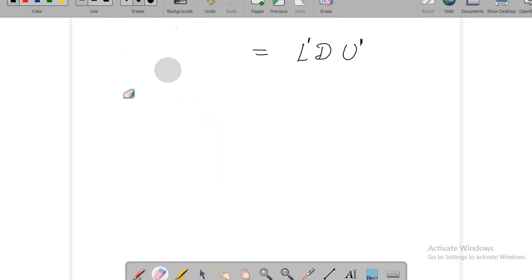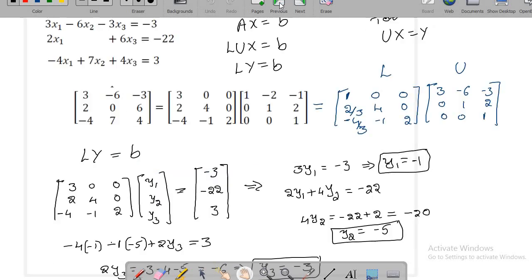So let me take the previous example. So what is the previous one? Yeah, here it is.